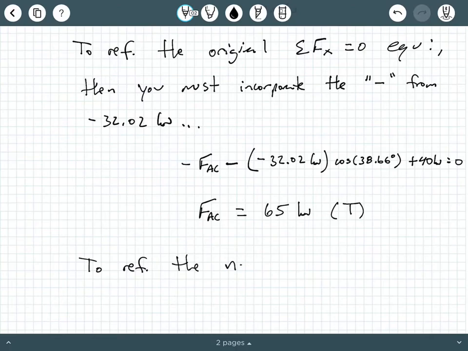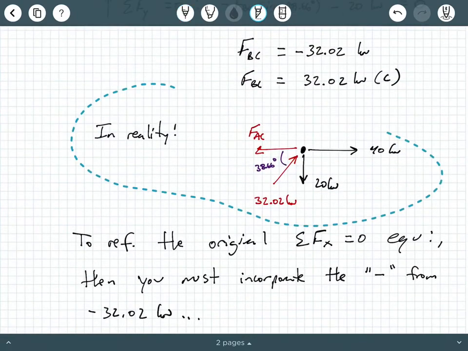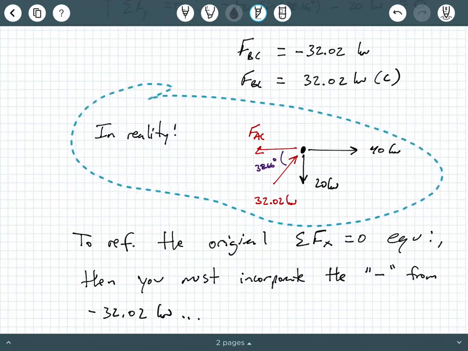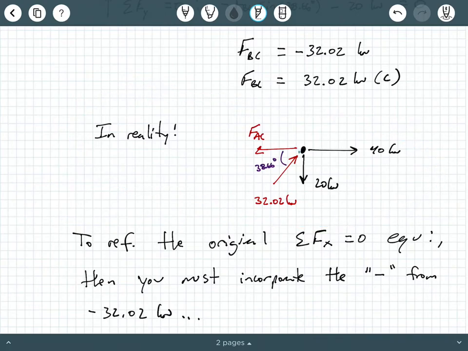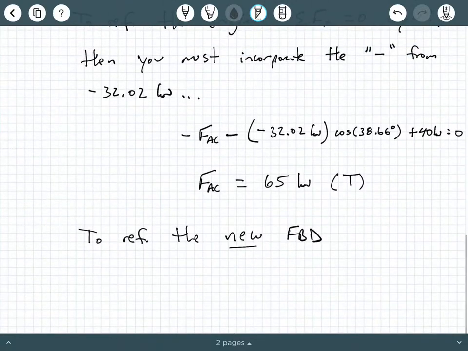Now, what if we reference the new free body diagram, the quote-unquote in reality one, which is this right here? Notice that this 32.02 is pointing in the opposite direction as it did in the original free body diagram.